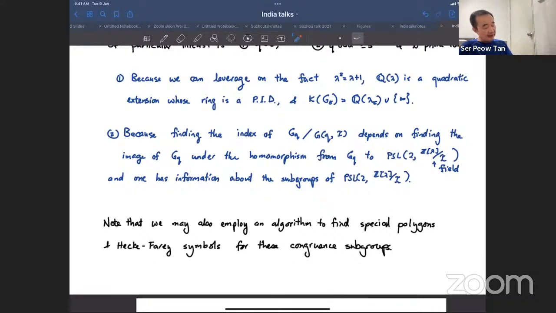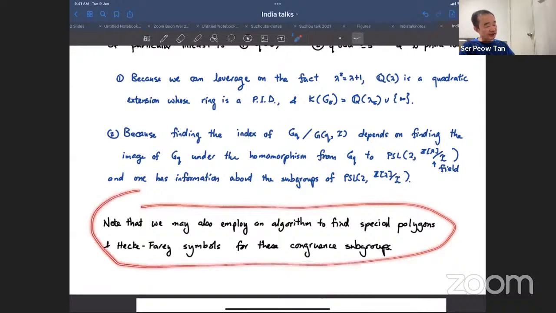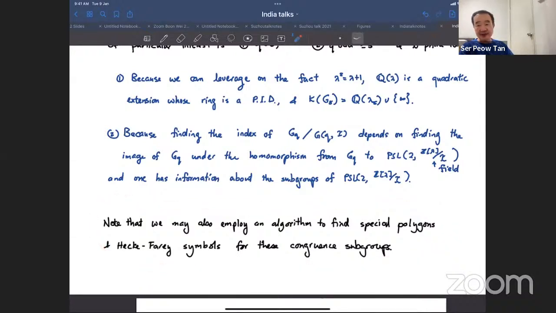Irrespective of this, if I just tell you I want to know something about a given particular principal congruence subgroup, I can also employ the algorithm to find special polygons. Basically, this is the same algorithm that Professor Kulkarni had for the modular group, but applied to the Hecke groups.